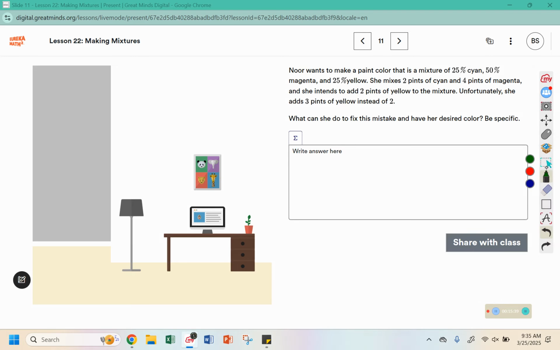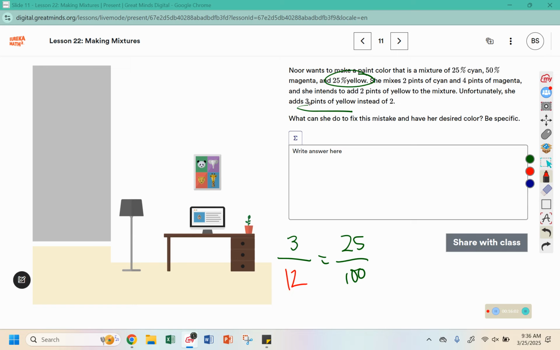Well, if she has 3 yellow, and the yellow is supposed to be 25%, then her entire mixture, if we cross multiply and divide, should be 12 pints.